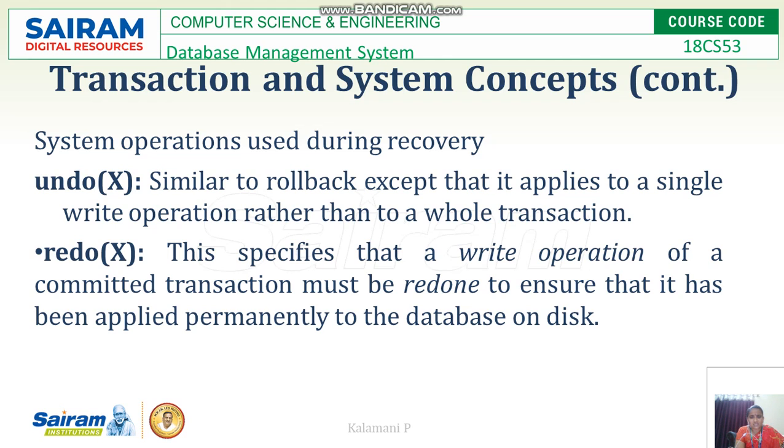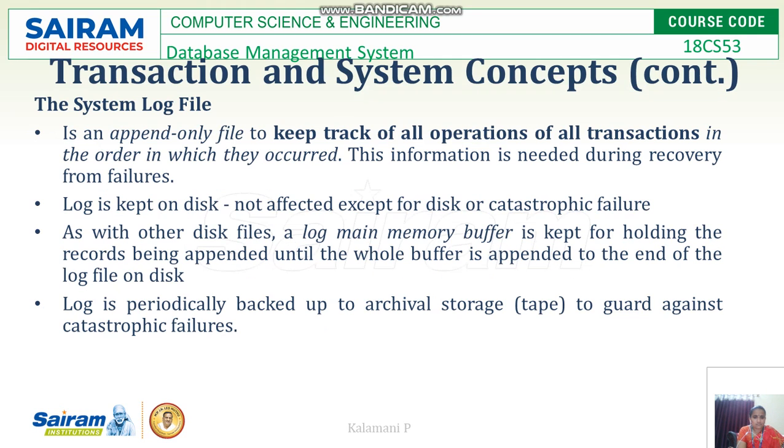Redo specifies that a write operation of a committed transaction must be redone to ensure that it has been applied permanently to the database on disk. So redo is only applicable for write operations, so that the changes will be permanently stored in the database. These are the two system operations used during the recovery process.